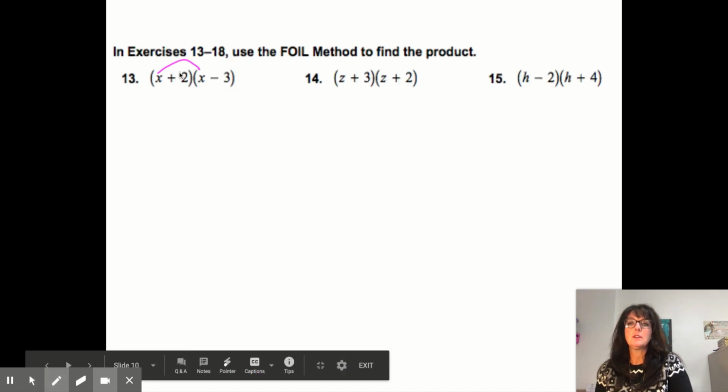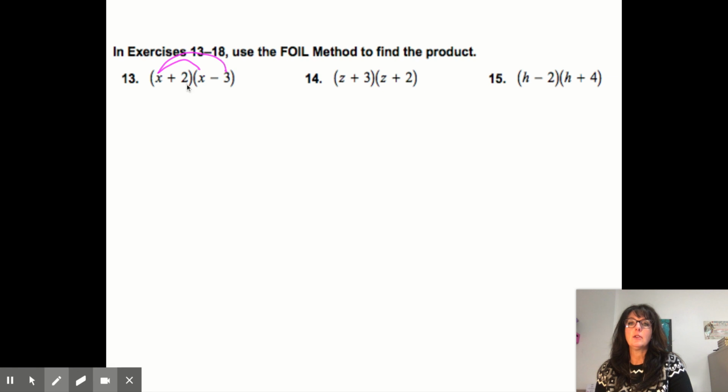So first, outer, inner, last. All right, so you're taking that first one, just like we did the distributive property. So the first term becomes x squared minus 3x, because you have x times negative 3, then 2 times x, which is a positive 2x, and then 2 times a negative 3, which is a negative 6.